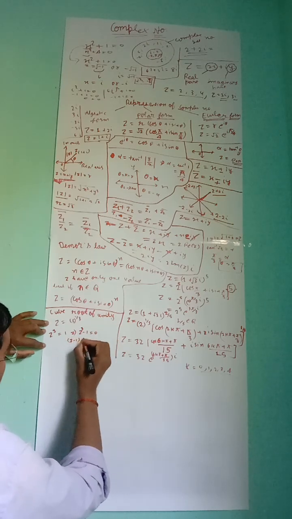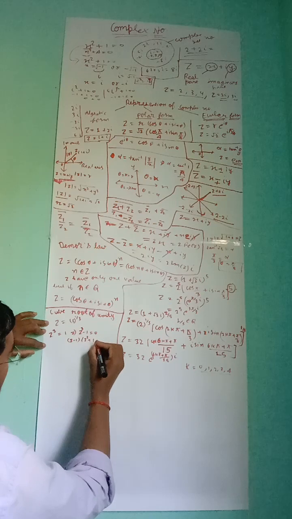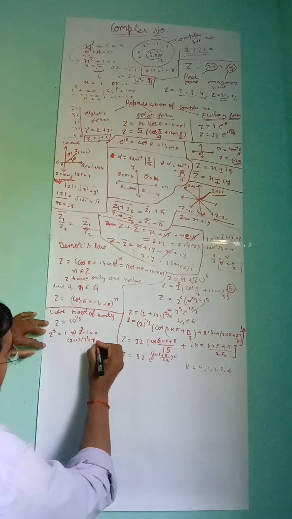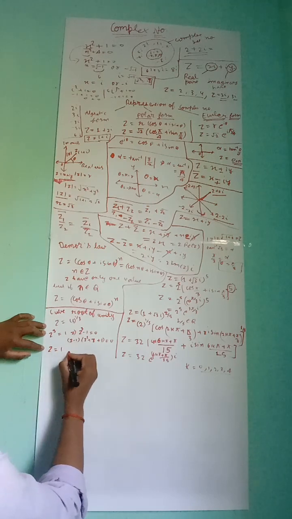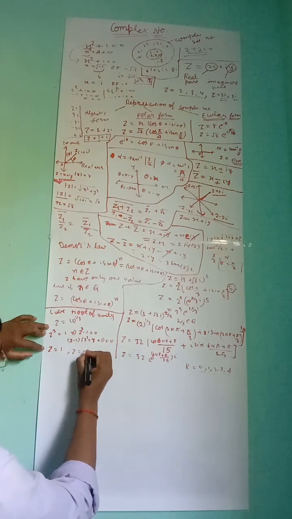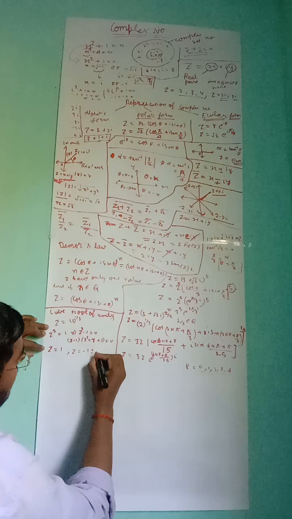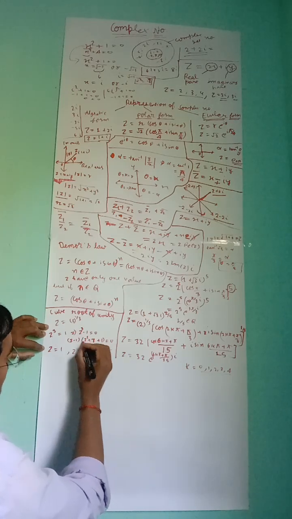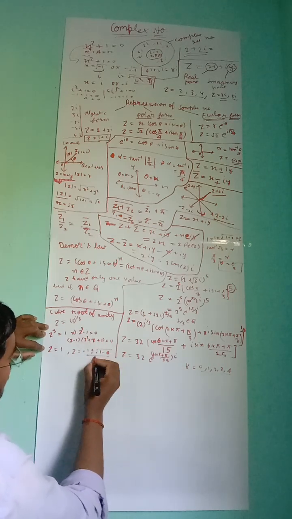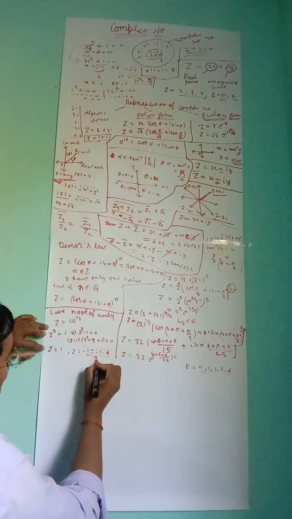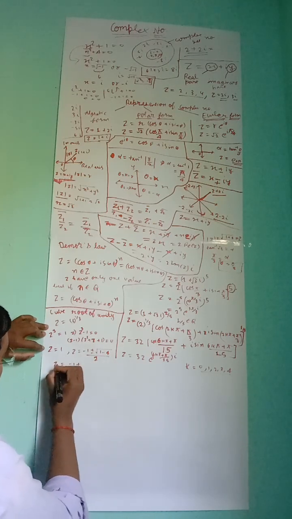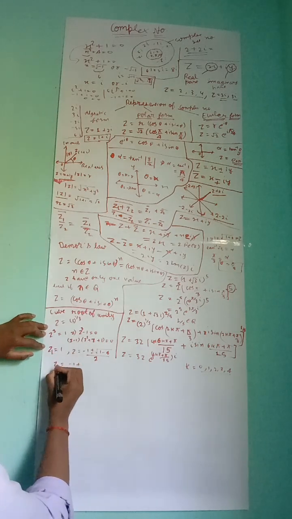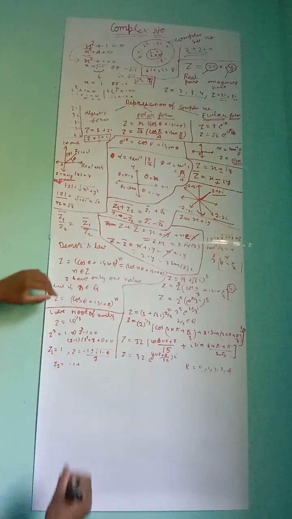So (z minus 1)(z square plus z plus 1) equal to 0. So z is equal to 1, and z is equal to (minus 1 plus minus root of 1 minus 4) upon 2. So z is equal to 1, say this is z1, this is my z2.